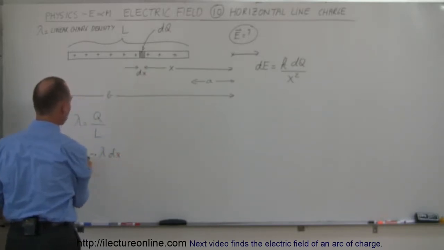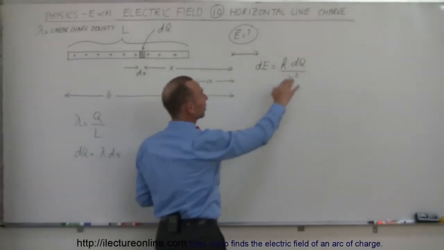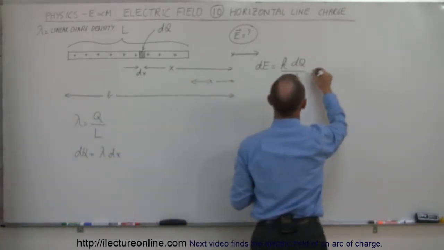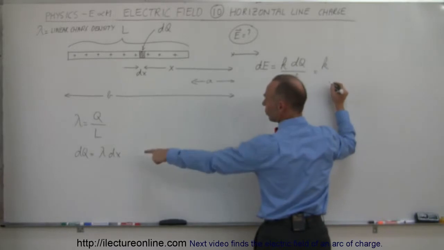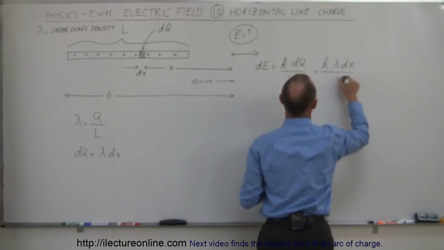We could replace dq by lambda dx, which is what we want to do because we want to make sure that the differential matches the variable in the equation. So dE is equal to k lambda dx divided by x squared.